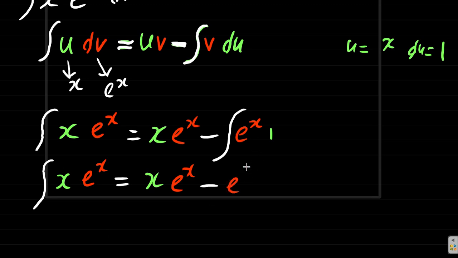It's just e to the x times 1, which you don't really have to worry about too much. So our answer is x e to the x minus e to the x, which we can write as e to the x in bracket x minus 1, right? Plus c. So there we go.